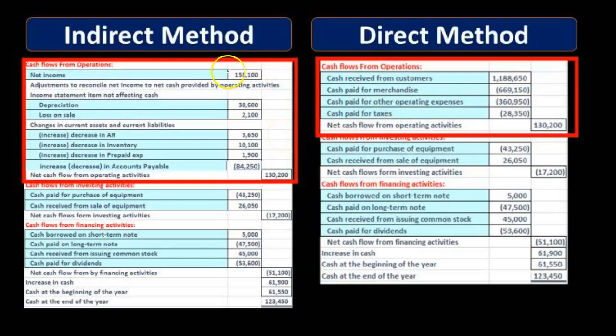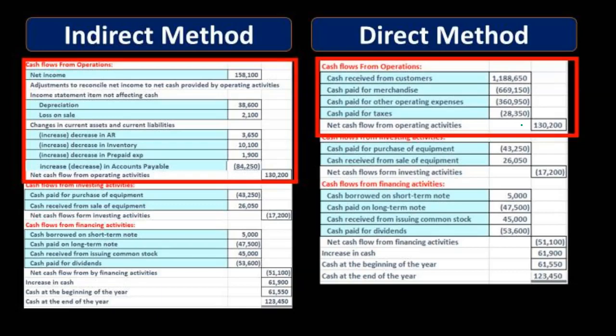The indirect method is more difficult to explain to most people, because it starts with net income, and then we back out these changes, which makes sense, but it's a little confusing to think about. We'll get into a lot more detail on why this works and how these changes are adjusted. The bottom line will remain the same, so we end up with the same total. It's just different approaches to get to that total.